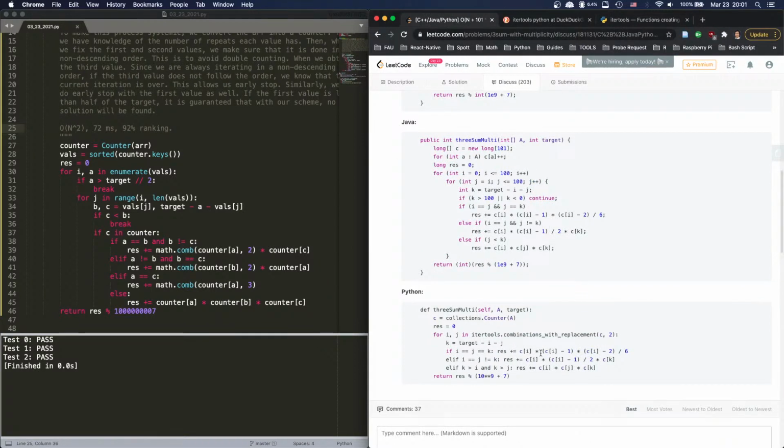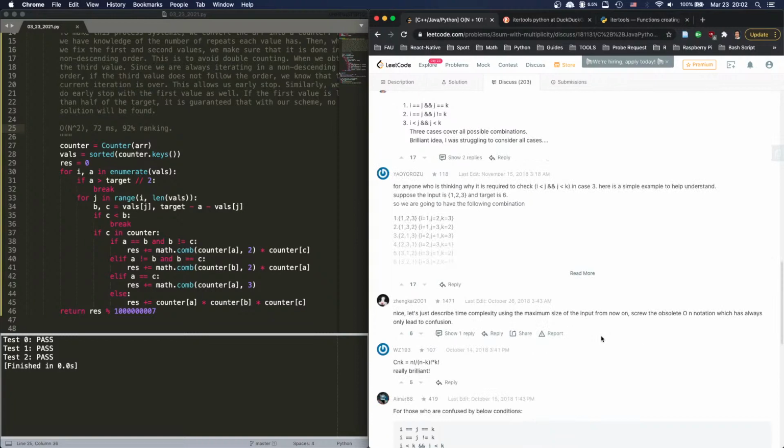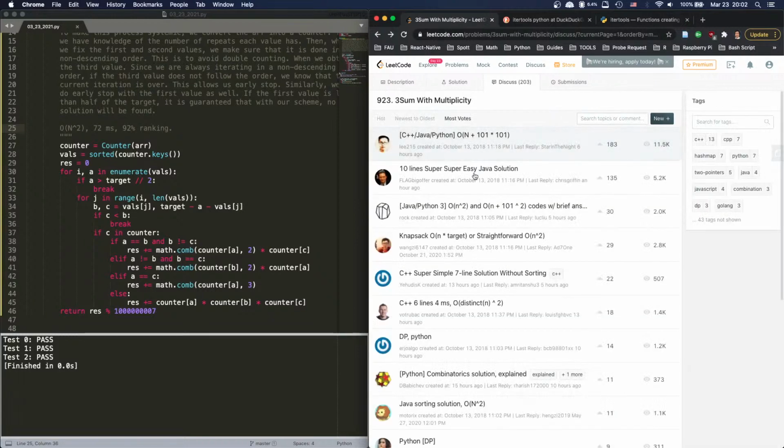And we know the maximum is what? It's like C is 3000. So C 3000 choose 2. Right? But with replacement, that still could be a gigantic number though. Ten lines, super easy.